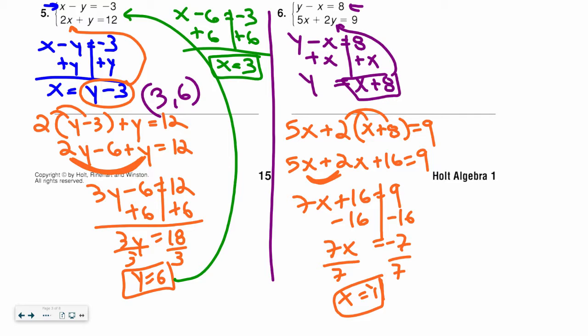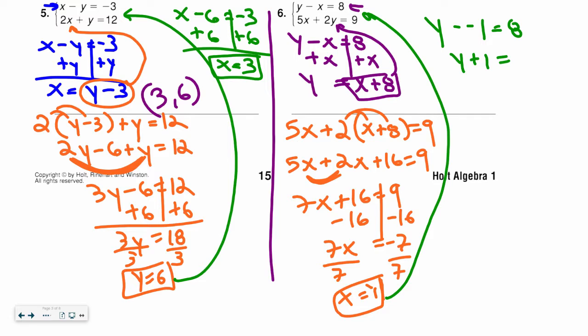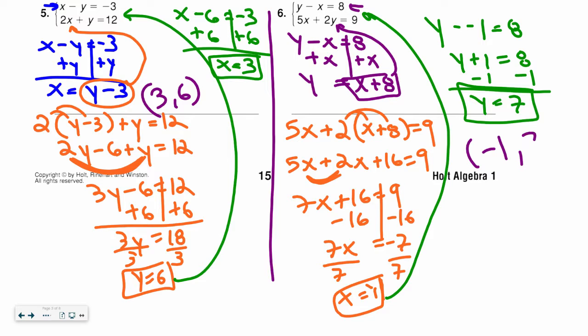I then take that and I plug it in up here. So it becomes y minus -1 equals 8. The double negatives become a plus. I then solve for y, and I get y equals 7. So my final point, my final solution is -1, 7.